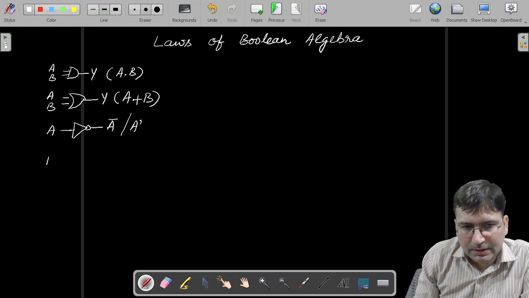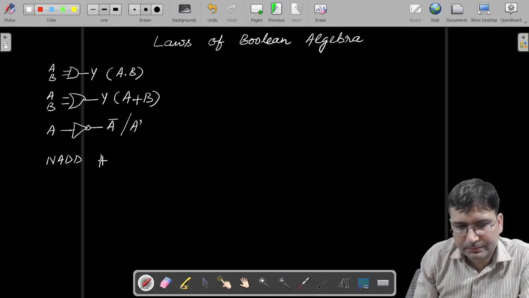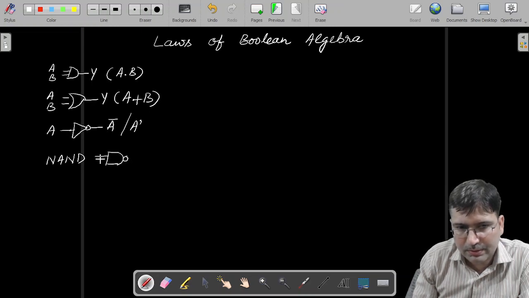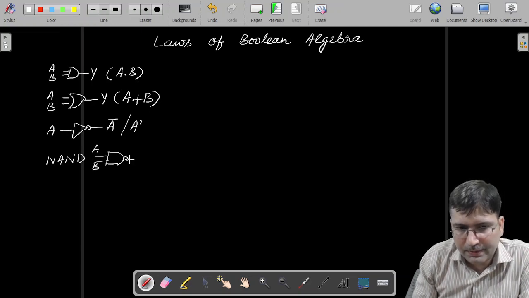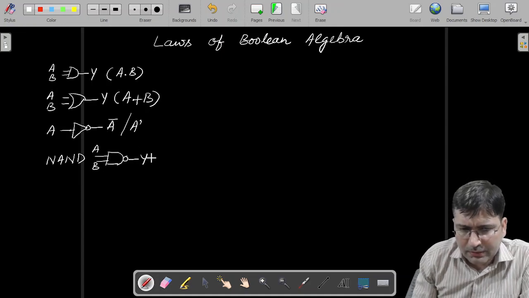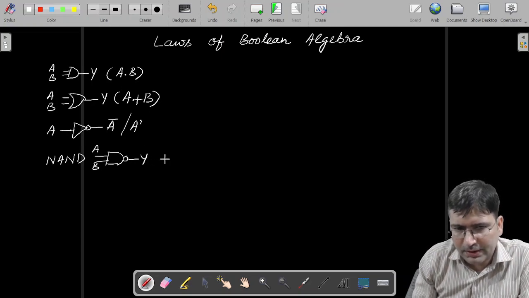Now if it is NAND gate, like this, the symbol of NAND gate we have already talked about. Input I am considering again A and B. Output is, let's say, Y. Don't get confused, this Y and this Y, consider them different things.